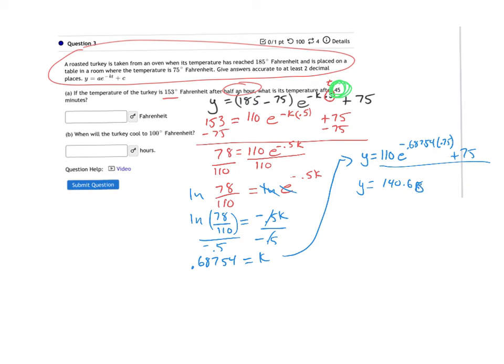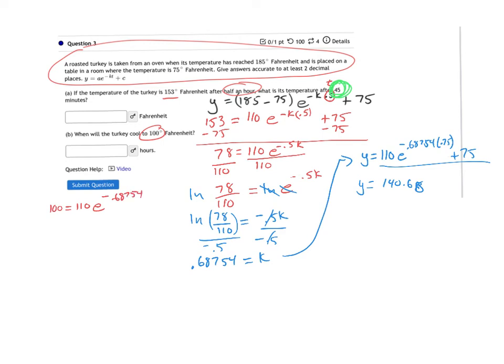Now the second one's quite a bit easier because we already have the equation. I just want to know when the turkey will be 100 degrees. So that goes in for y equals 110 times e raised to the k, which we just figured out is negative 0.68754.